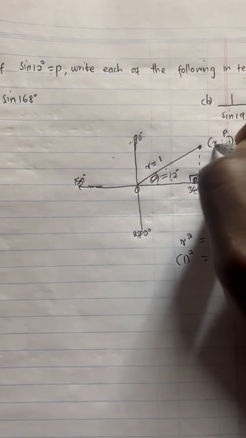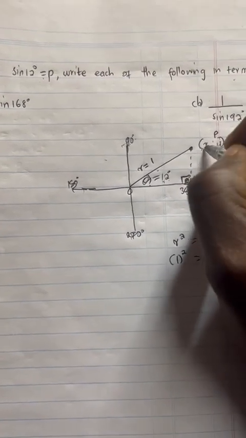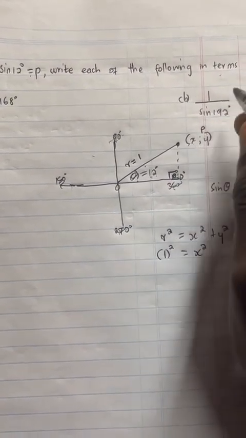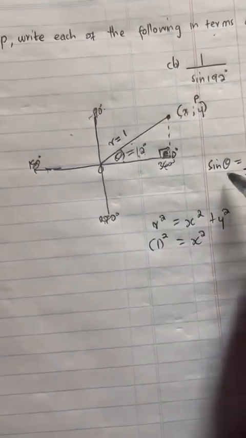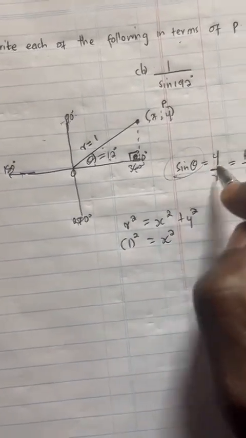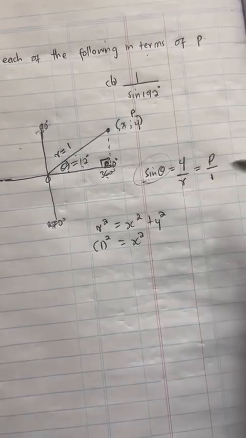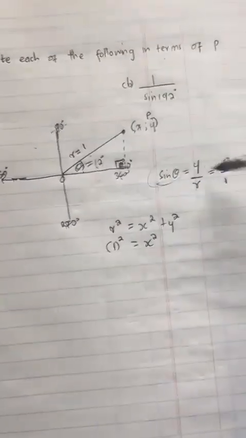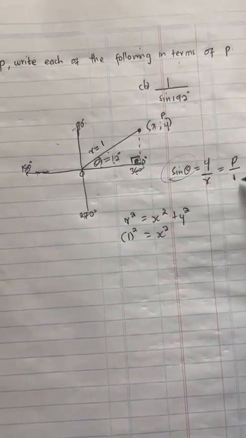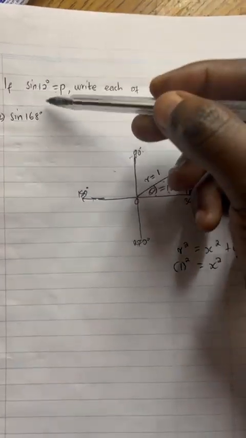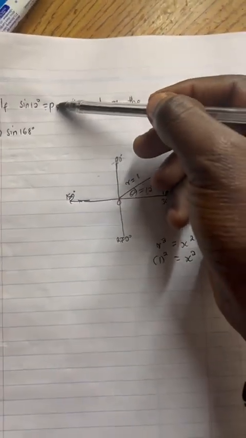So of these two, one of them is known, one of them is unknown. We don't have x, we only have y, because sine of any angle is equal to y over r. So our y here is going to be p and our r is going to be 1, because we are given that sine 12 equals p.